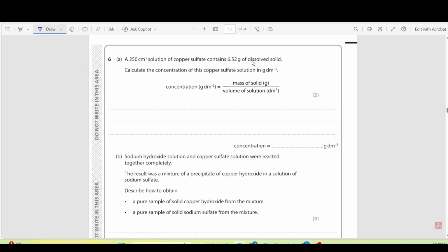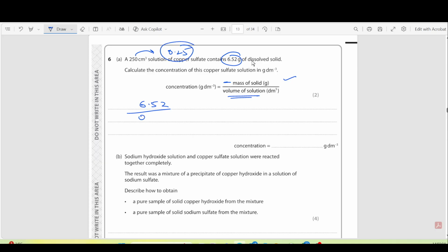After converting it into decimeter cube, which we got as 0.25, now we will use this formula to find concentration. The mass of solid is given, which is this, right? Here we have to write 6.52 over the volume of solution. We just got 0.25 because it says decimeter cube. That's why we converted from centimeter to deci.